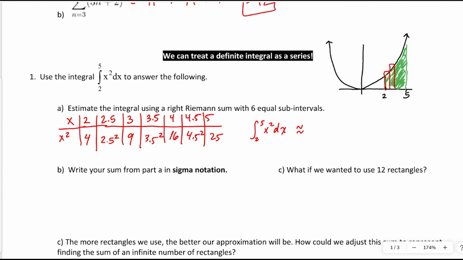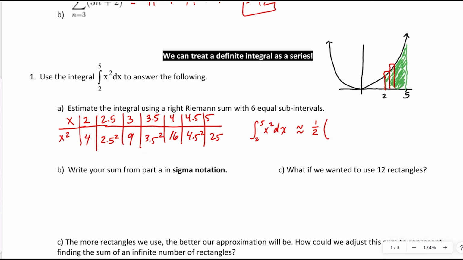So the first rectangle's height should be 2.5 squared. What's the base length of each of these rectangles, one more time? Half, right? Each one of them is going to be a half.